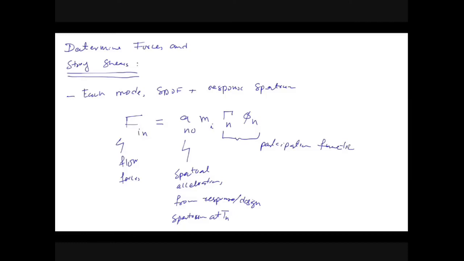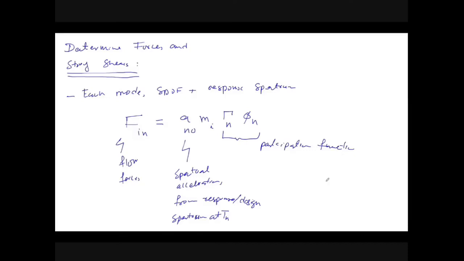Once you get the participation function vector, you multiply that with each floor mass and with the spectral acceleration at mode 1, and you will get the floor forces. And once you know the floor forces, you can calculate the story shear easily.